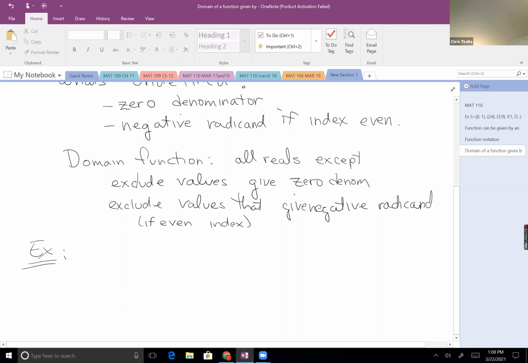So let's look at some examples. Let's find the domain of each of the following. And first of all, let's have f of x equals x plus 2 over 3x minus 9.